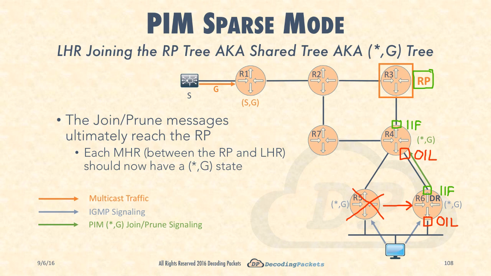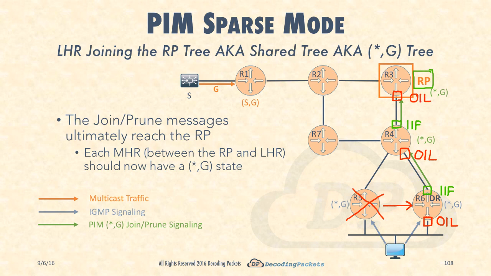Once all of this has been completed on the MHR, which in this case is R4, R4 can now send the star, G message up to the RP, and once it sends up to the RP, the RP number 1 is going to create that star comma G state. And number 2, it's going to add the receiving interface into the OIL of that state.